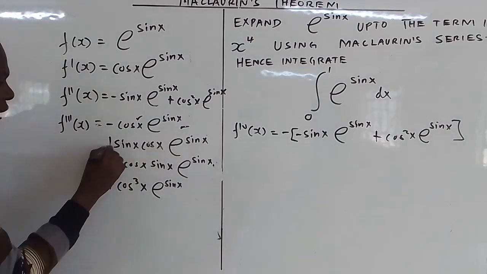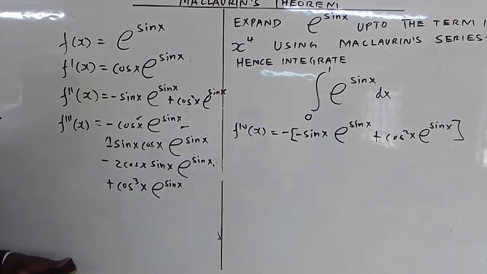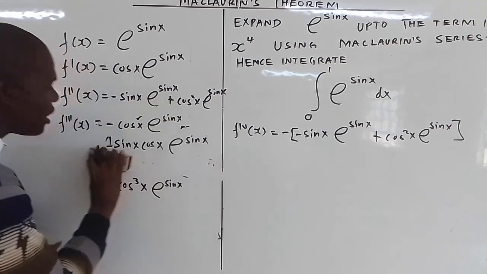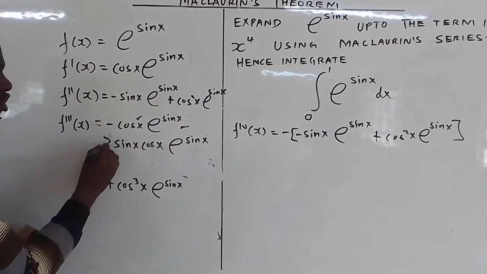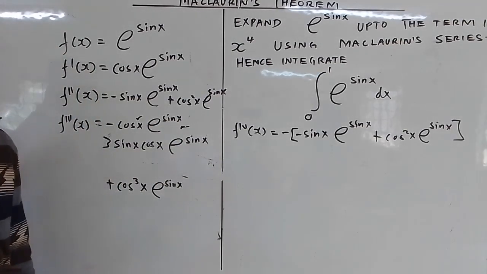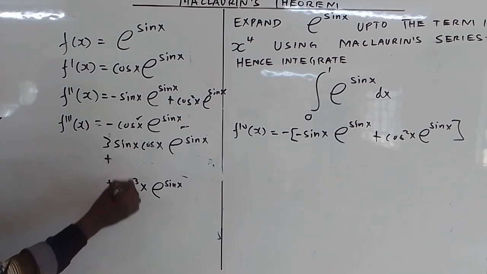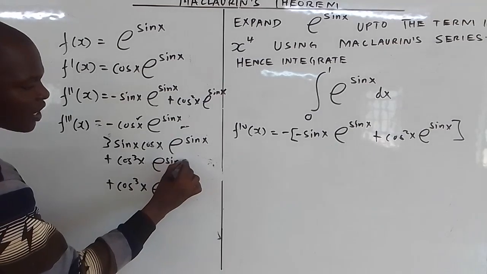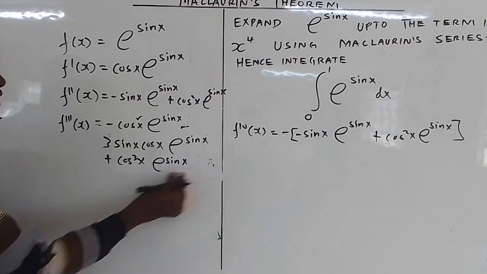So minus 1 and minus 2, so you have a total of negative 3. So it means this term is not there. So here we have minus 3 of them, then it is plus cos cubed x exponential sine x.